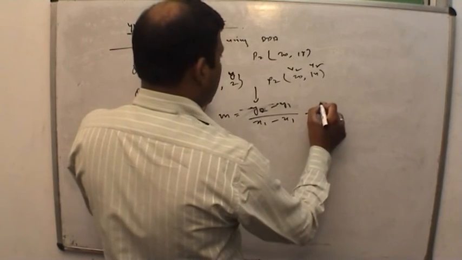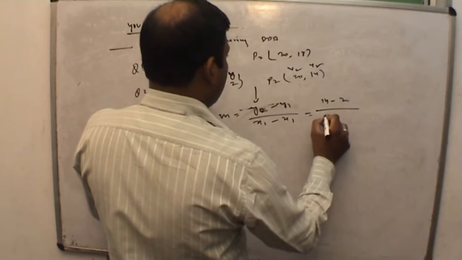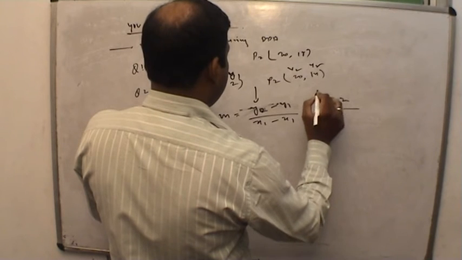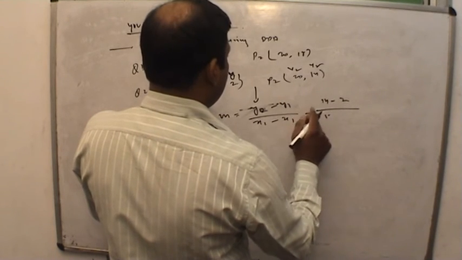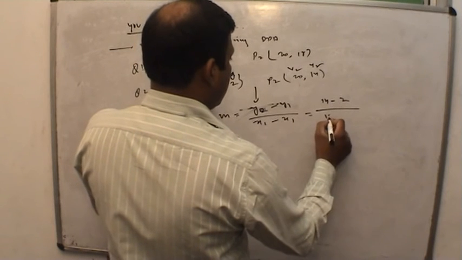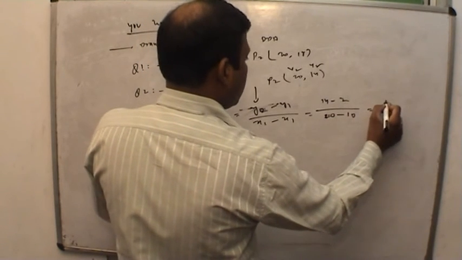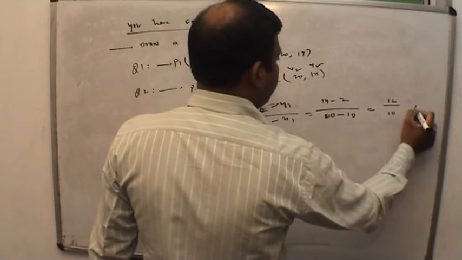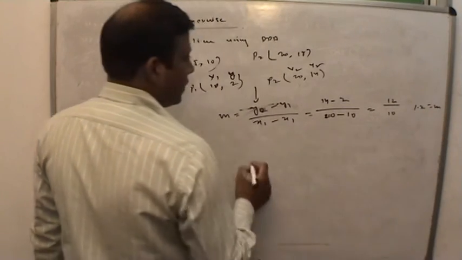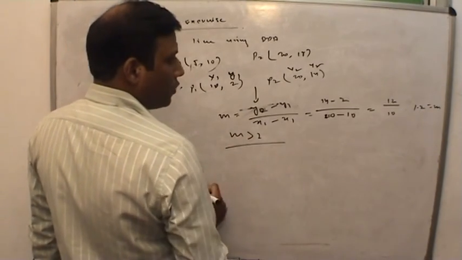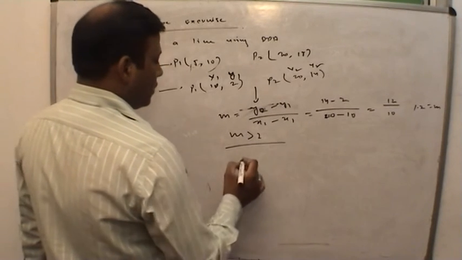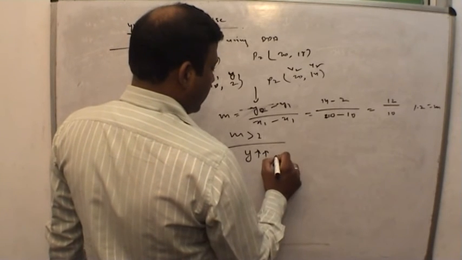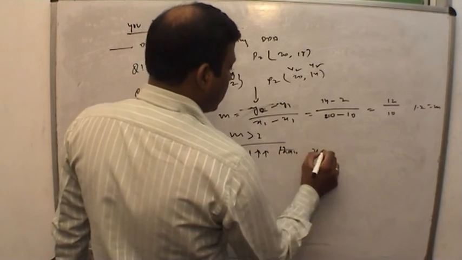So 14 minus 2 by 20 minus 10 is 12 by 10, that is 1.2, equal to m, and m is greater than 1. So according to your equations we have to plot so that y is more incremented than x.